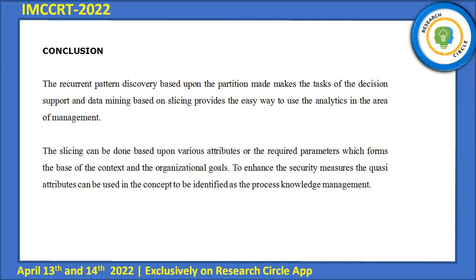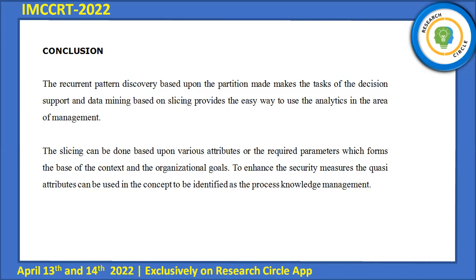The entire thing is recurrent pattern discovery: how the attribute or the data behaves is based upon the partition that we make, and that is the base for any kind of DSS, decision support system, that we use with the help of the sliced data, as well as in contextual analytics and in any big aspect of things.